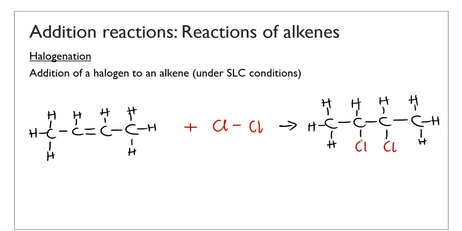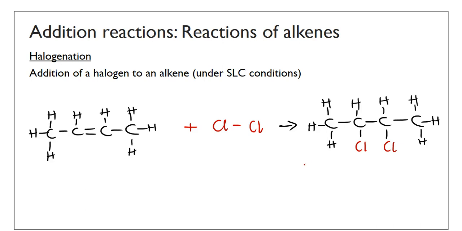So this is very different from a substitution reaction. If I have a substitution reaction, I can only replace one hydrogen with a chlorine atom at a time. Whereas in the case of an addition reaction, you're going to add both chlorine atoms at the same time. So you're always going to end up with a dichloro product instead of just a chloro product.